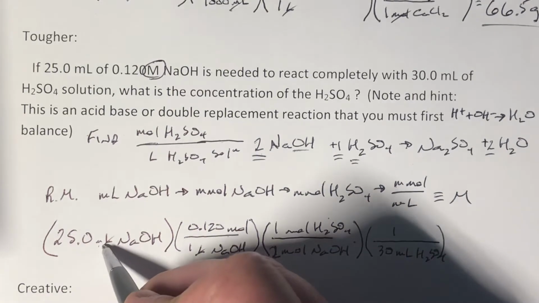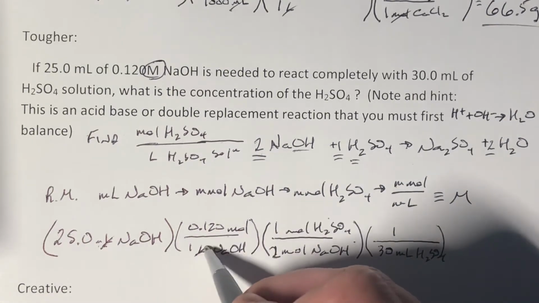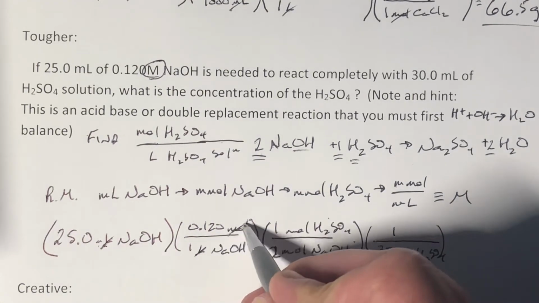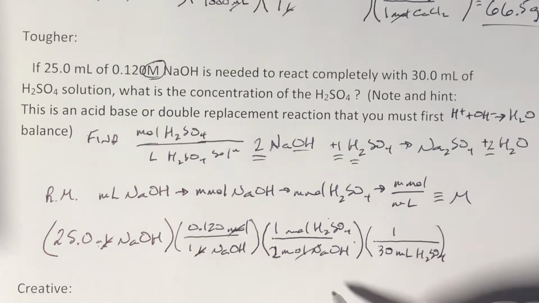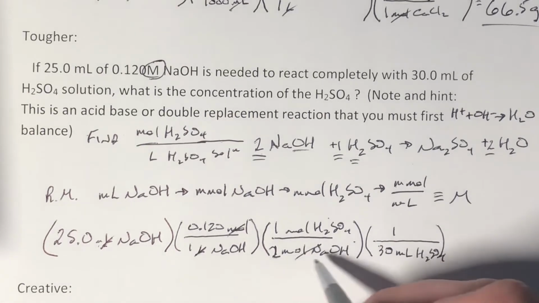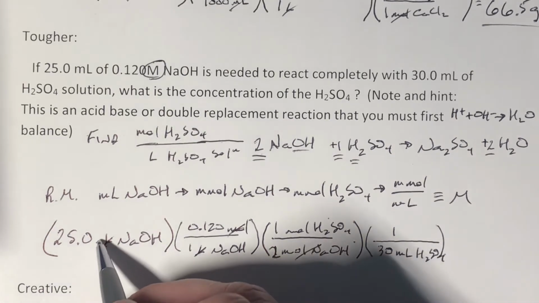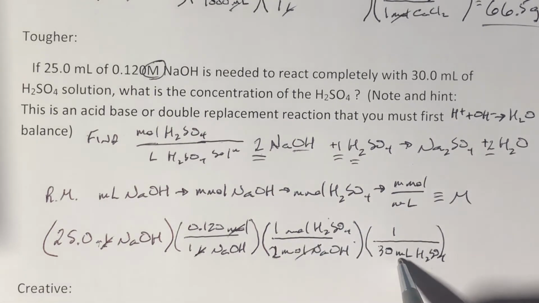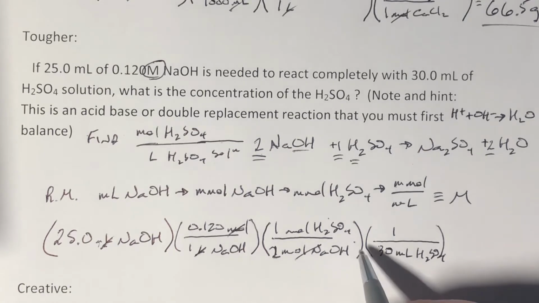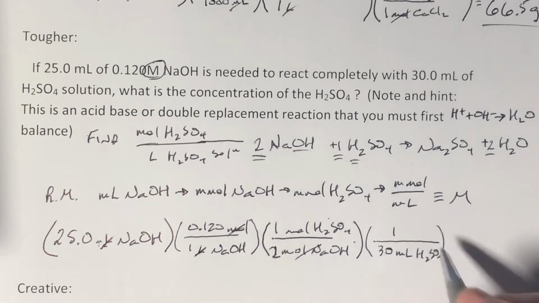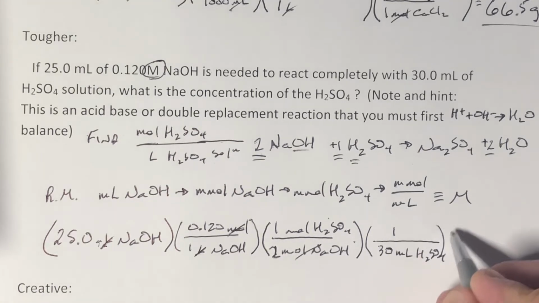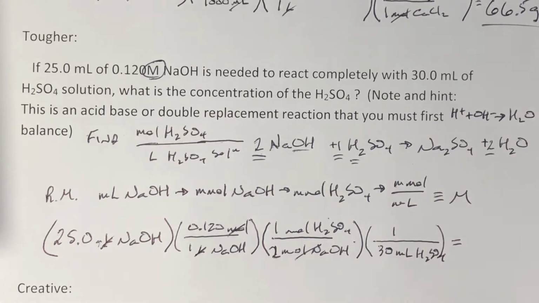Proven that, I've got my liters canceled, my moles of sodium hydroxide cancel, my moles of sulfuric acid remain. I still have this milli out here, and I've got the milliliter here. So as long as I'm true to my prefixes and everything, I do have moles per liter, which is going to be equal to molarity.